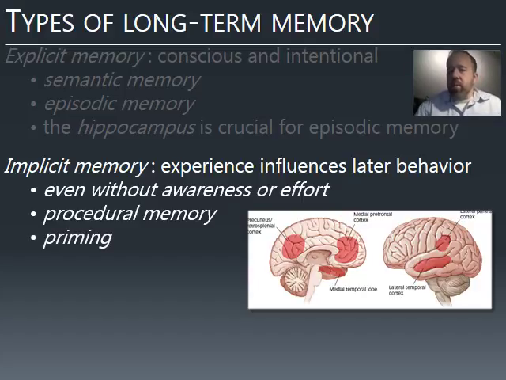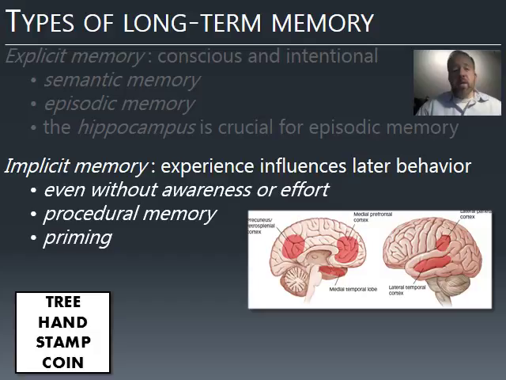There's also what is called priming. Priming is where exposure to a stimulus makes you more likely to say something related to that stimulus later. Things like subliminal messaging are often cited as forms of priming, where you have a sensory stimulus that you see, perhaps even without your awareness, but it influences your later behavior.